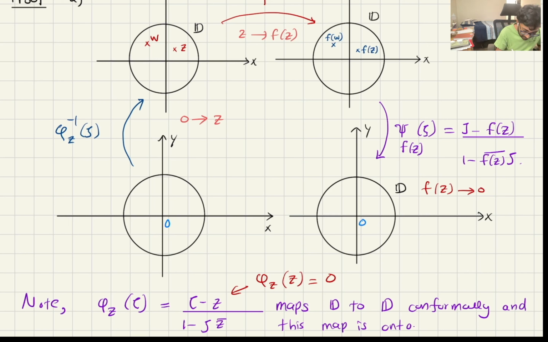I would denote this composition by capital F_z. This map is given by psi_{f(z)} composed with f composed with phi_z inverse of tau.